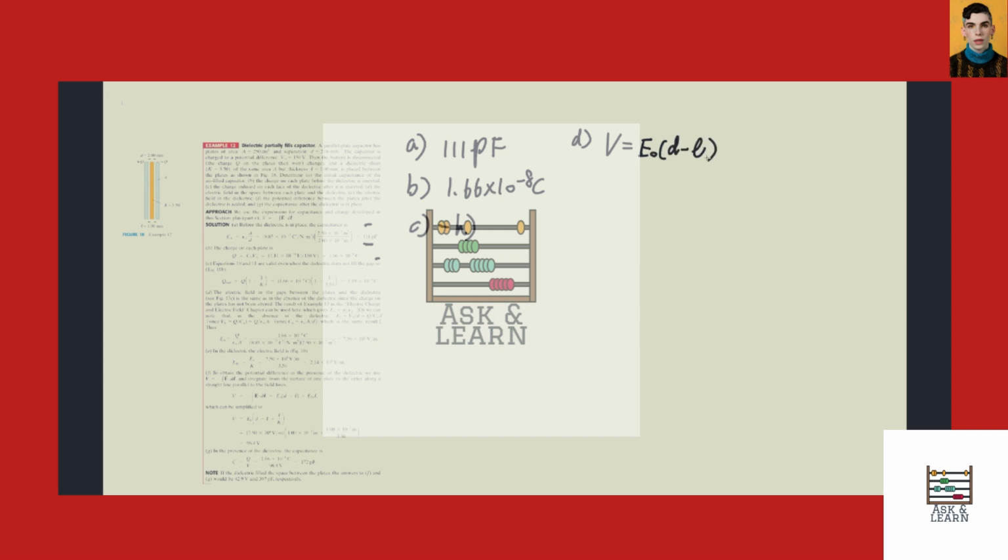This is the part without the dielectric, and then the part with the dielectric is L times E_D. And E_D equals E naught divided by K, times L.